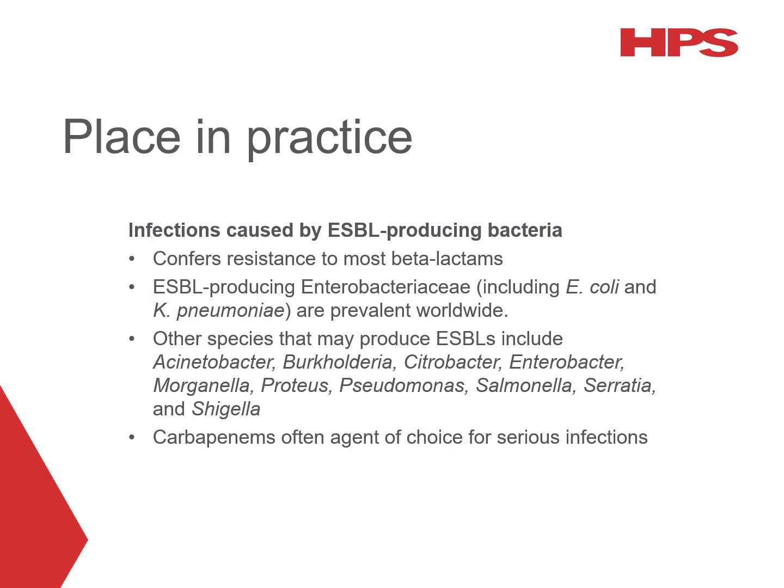Another important use of carbapenems is in the treatment of infections caused by ESBL-producing bacteria. Some bacteria produce beta-lactamases, which are enzymes that break down beta-lactams, and extended spectrum beta-lactamases, or ESBLs, can break down most beta-lactam antibiotics, including penicillins, cephalosporins, and aztreonam, but not carbapenems.